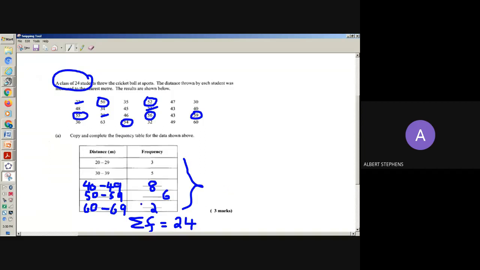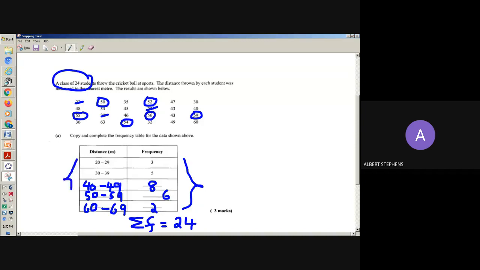All right. Now, let's look at these things here. These rows, the 20 to 29, the 30 to 39, etc., they're called classes or class intervals.